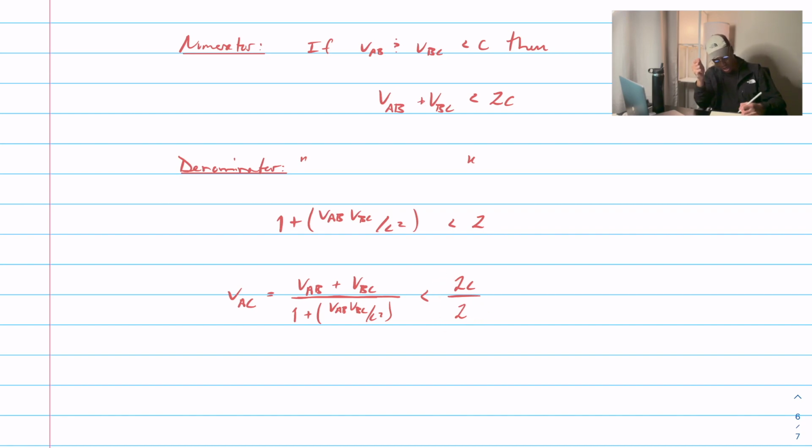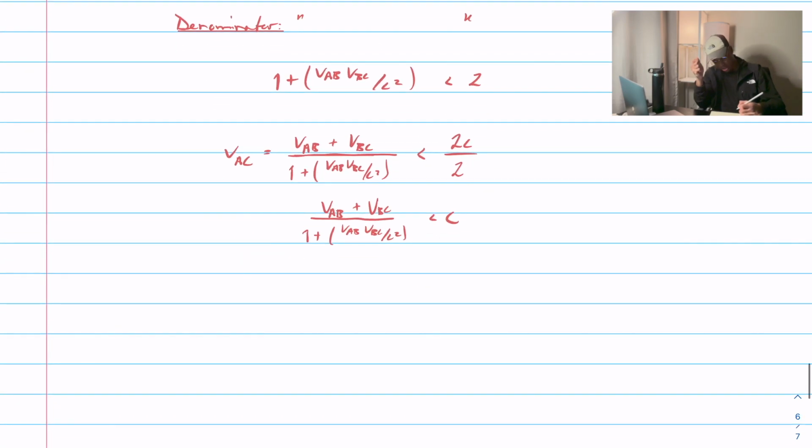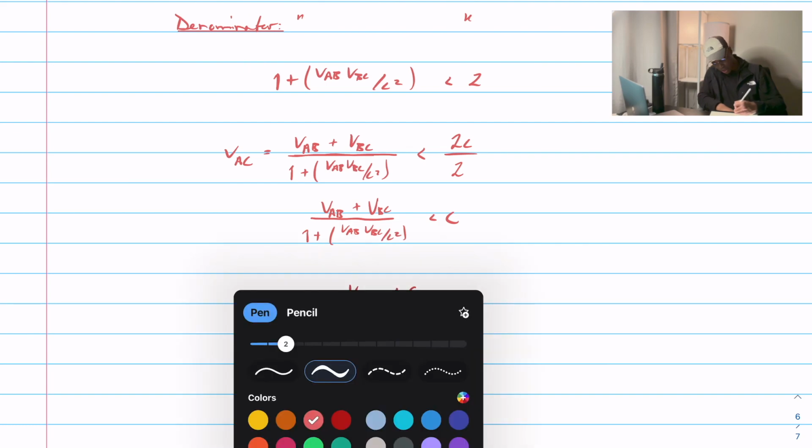What this is saying is that V_AB plus V_BC over the denominator must be less than c. And so therefore, we've now proven that V_AC is less than c.